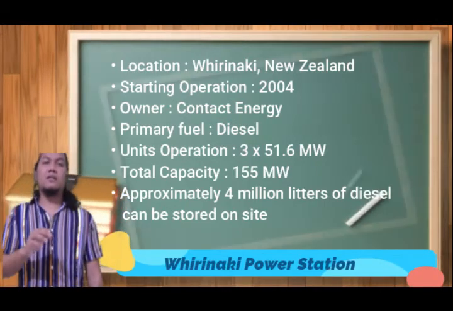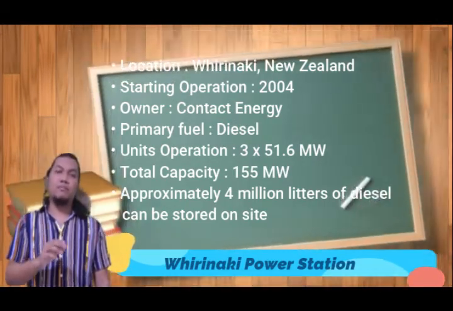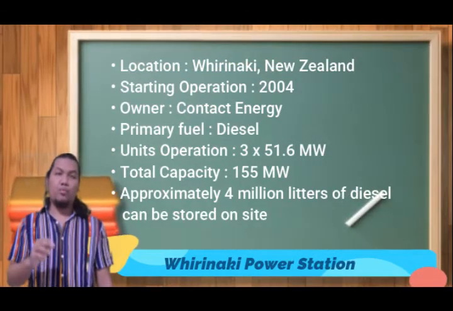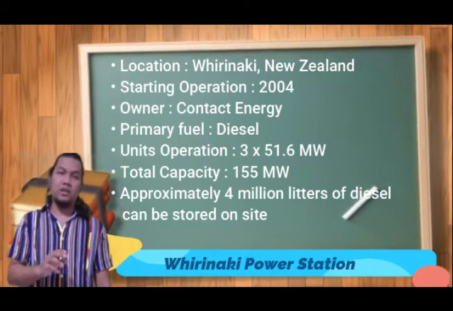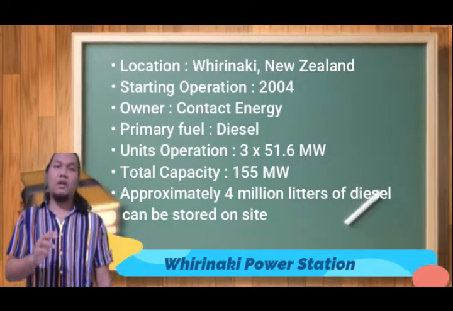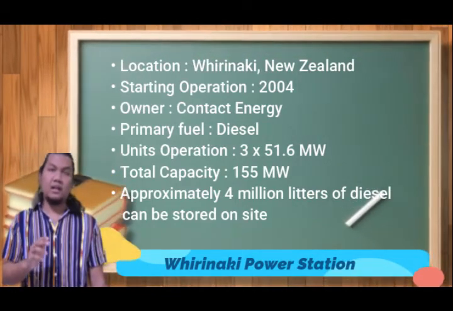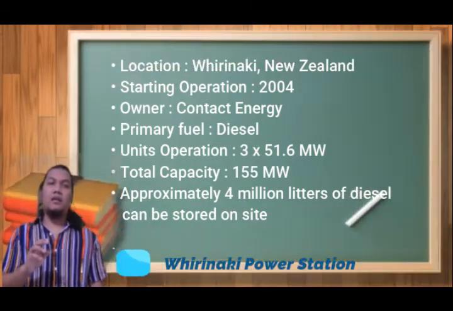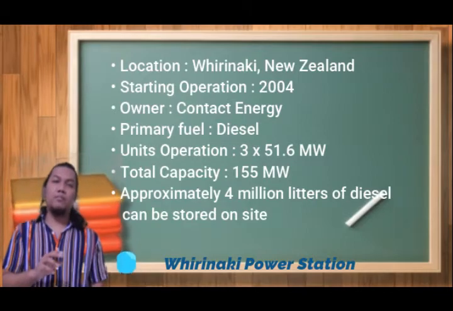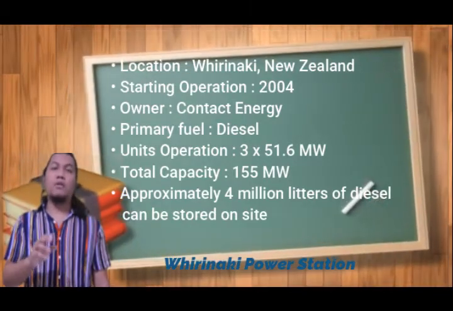It has a total of 3 units with 51.6 megawatts per unit, having a total capacity of 155 megawatts. Approximately 4 million liters of diesel can be stored on site.